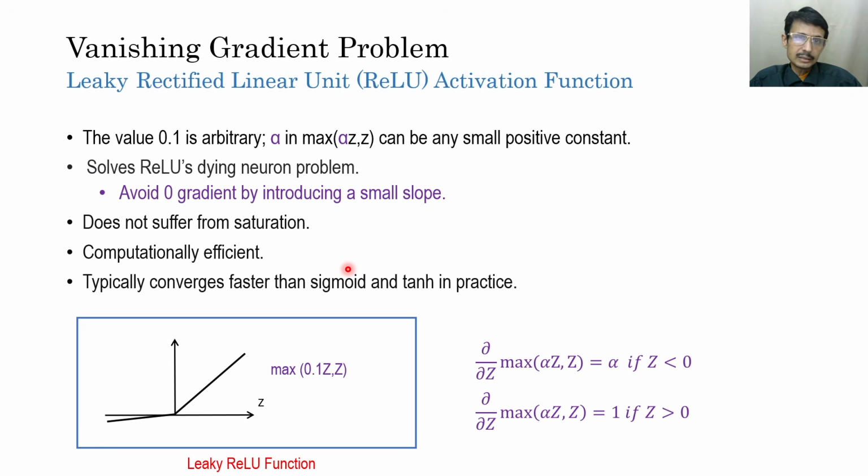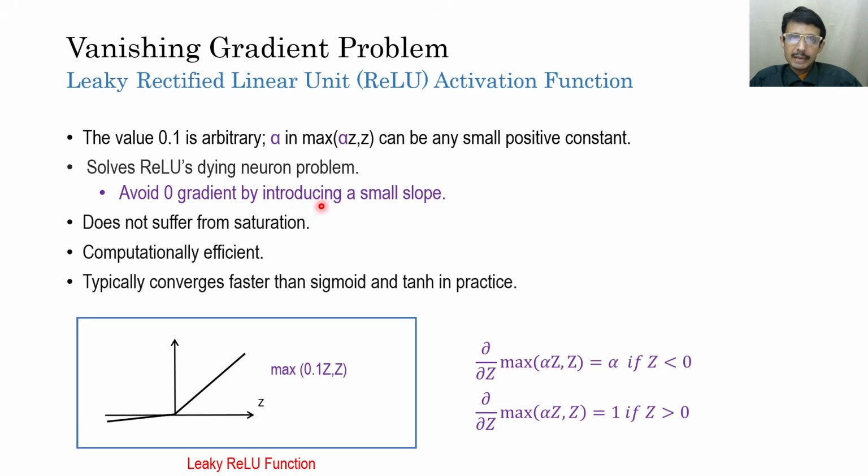Next, another variant of ReLU is called leaky ReLU, or leaky rectified linear unit. This activation function is the max of alpha z and z, where alpha is an arbitrary small positive constant between 0 and 1. This is proposed to solve ReLU's dying neuron problem.